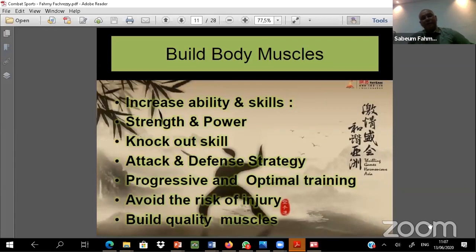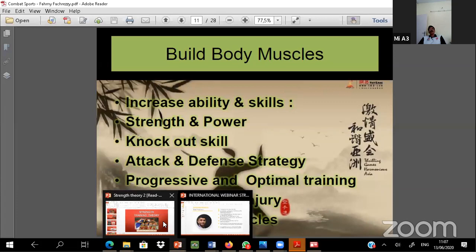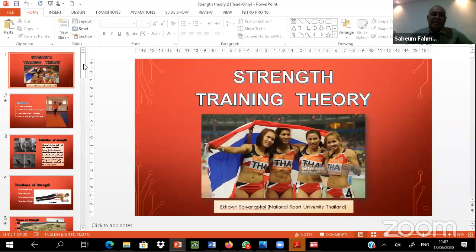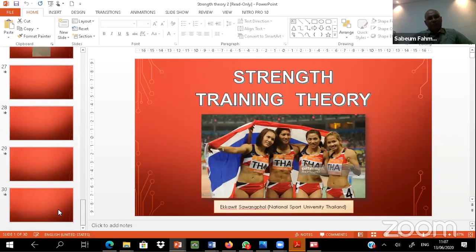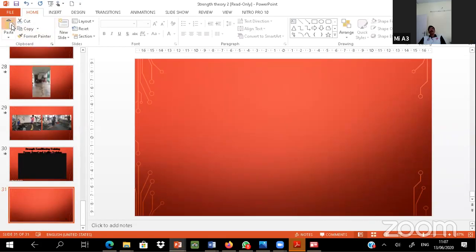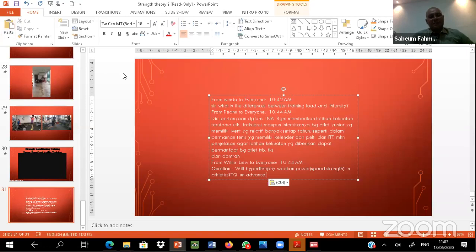And the next, avoid risk of injury, because the number 1 rival for an athlete is injury. Number 2 is boredom. Number 3 is competition. So if you are injured, your training is stopped, you only go to rehabilitation. So be careful about your injury. Number 5, build quality muscle.